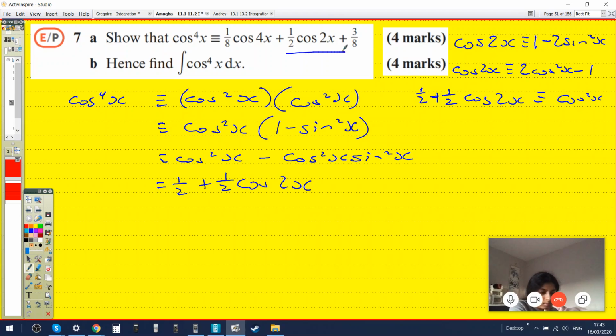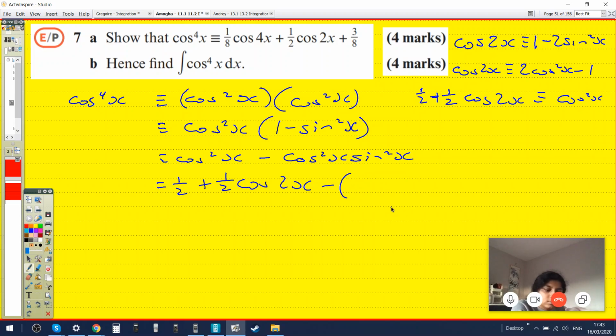So we can replace this one with a half plus a half cos 2x. And sine squared x, you could just do that as 1 minus cos squared x. So you can just do 1 minus half plus half cos 2x.